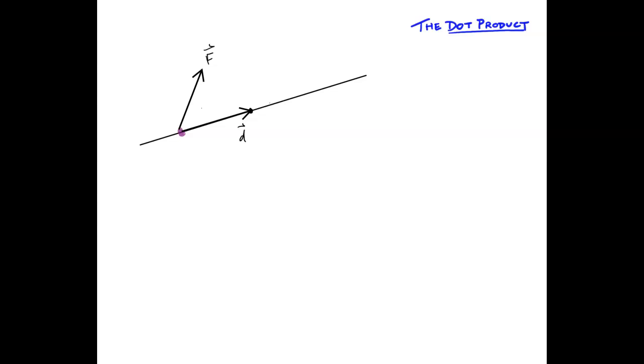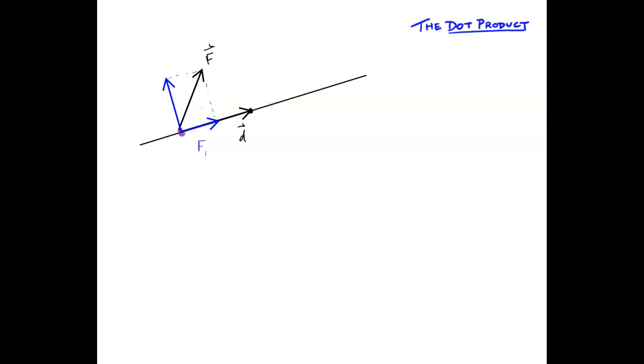And to figure out how much of it, we decompose this vector into two parts, one of which is parallel to the direction of motion, and one of which is perpendicular to it. So that we can say that our force vector F is actually the sum of these two other vectors.